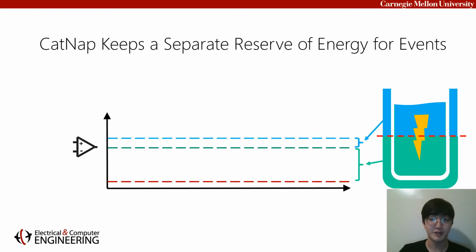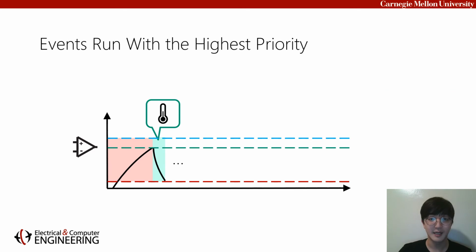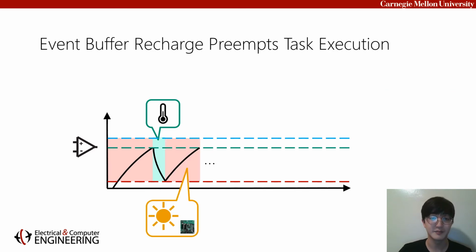I will show you how CatNap scheduler works with an example. In this energy buffer diagram, I added a threshold showing the reserve for events as a green line. The energy below the green line is reserved for events, while the energy above can be used by tasks. As said earlier, events run immediately as they arrive.